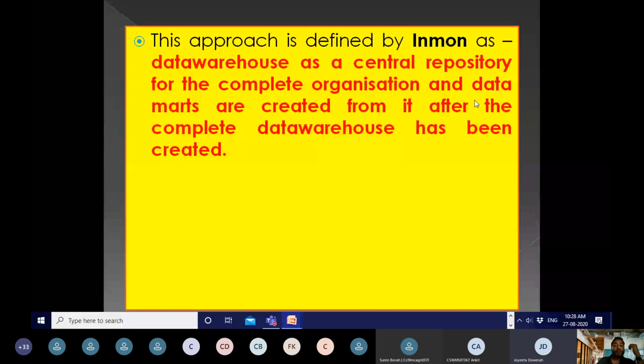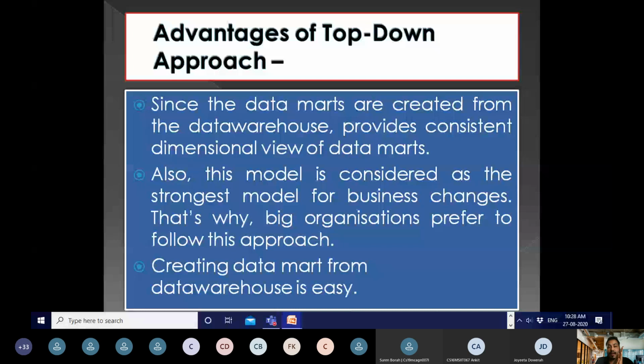Now, what will be the advantages of this top-down approach? See, data marts are created from the data warehouse, and those data marts will provide a consistent dimensional view of the data. Means what happened?